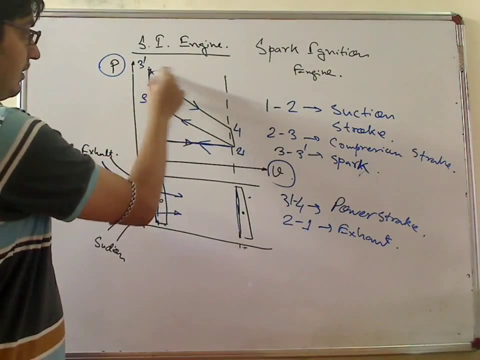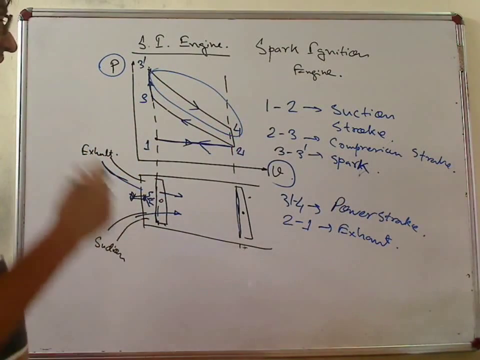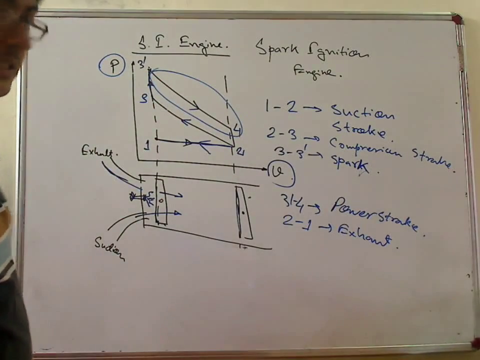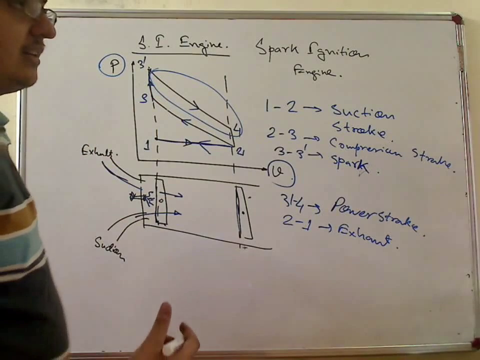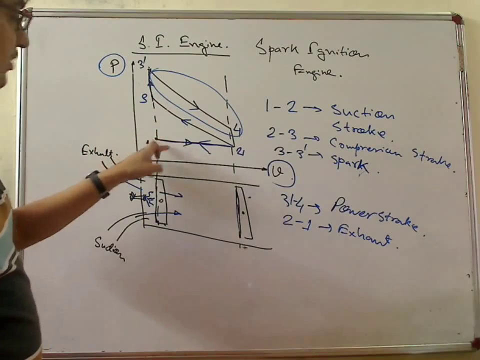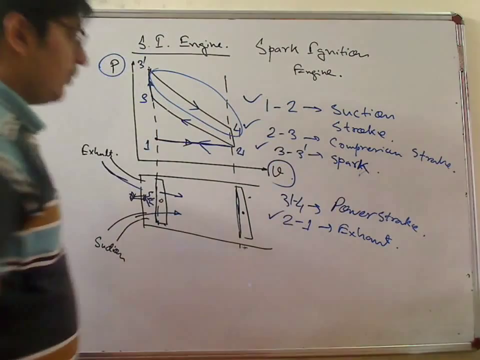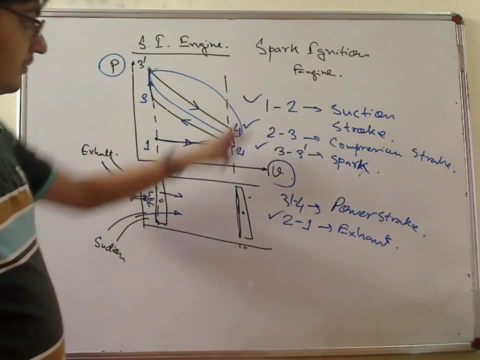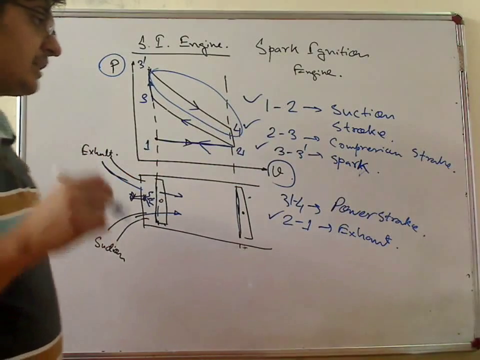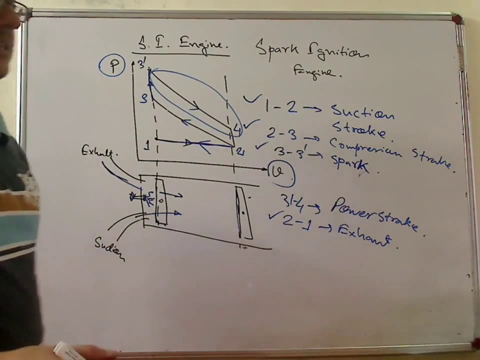Just remember that except for the 3 to 4 stroke, in 1 to 2, 2 to 3, and 2 to 1, we are giving energy to the system, but in the 3 to 4 stroke the engine creates some work. In the suction, compression and exhaust strokes, work is done on the system, and in 3 to 4 it is work done by the system.